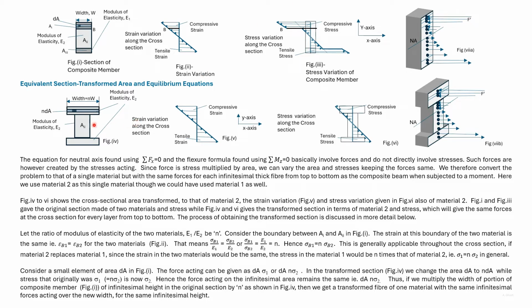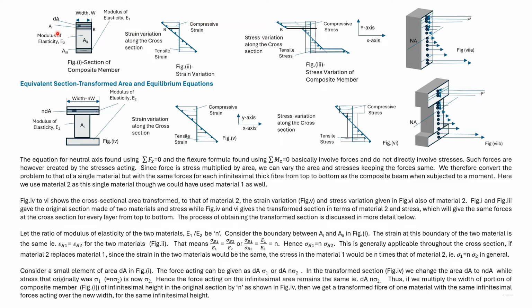If in the transformed section we increase the width to nW, then that fiber multiplied by sigma 2 would give the same force F dash. Force is equal to stress into area. We can manipulate the combination of stress and area to keep the force the same. This is what we have done with F dash.